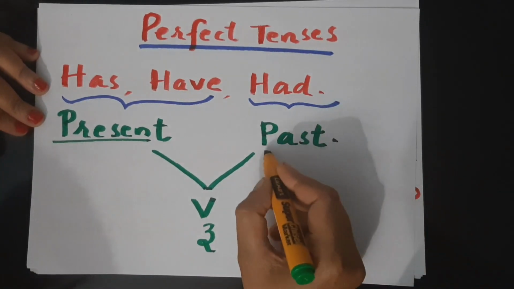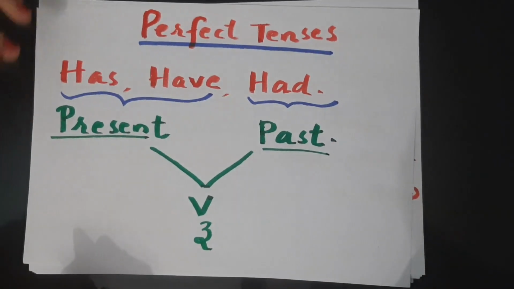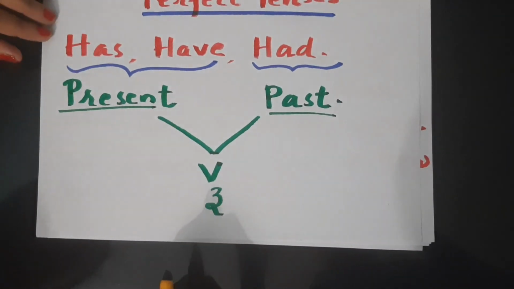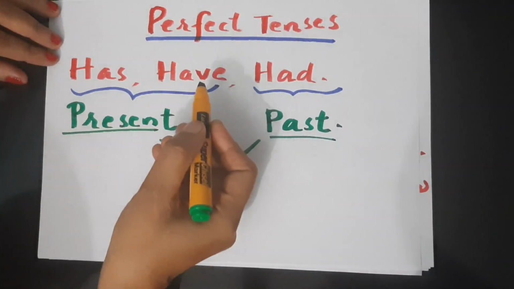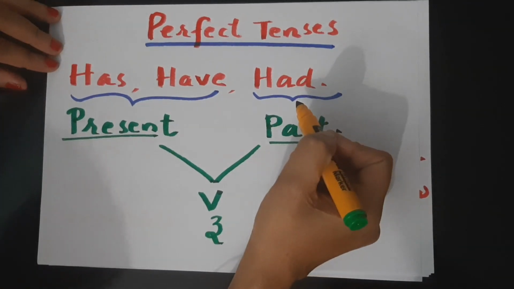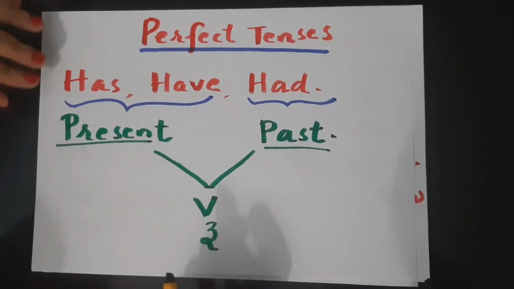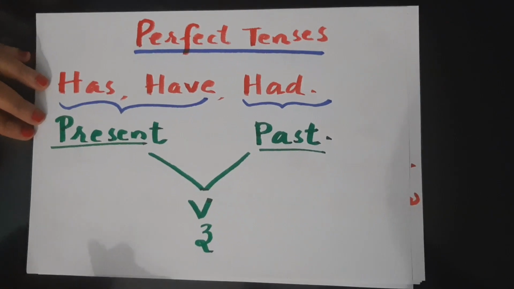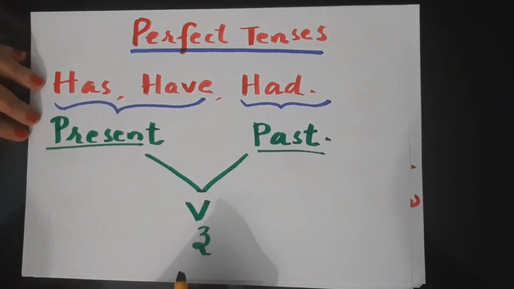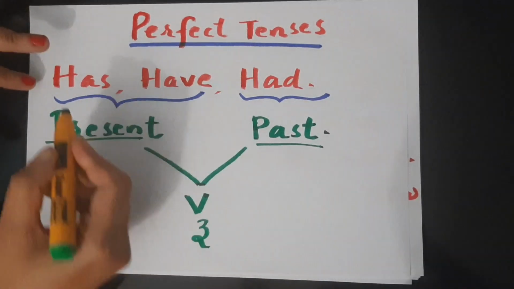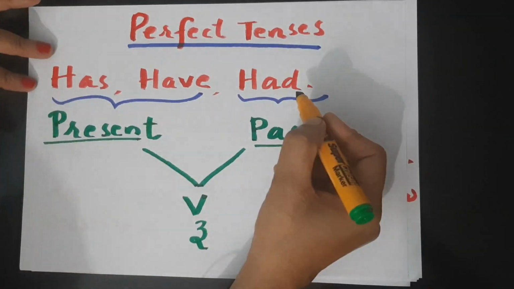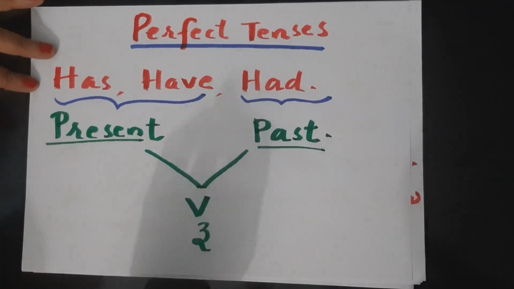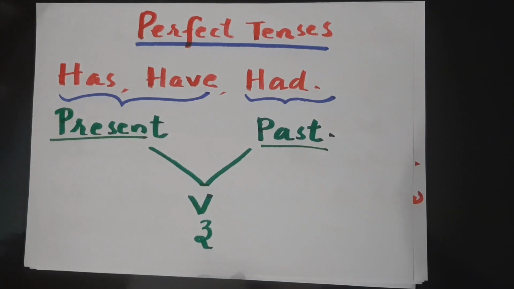And along with has, have and had, we can use only the V3 form of the verb, the third form of the verb, the past participle form of the verb. Okay, has, have and had will follow the V3 form of the verb.